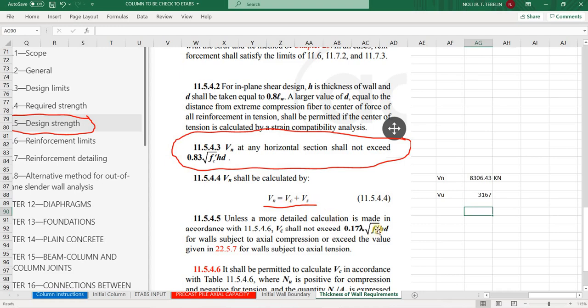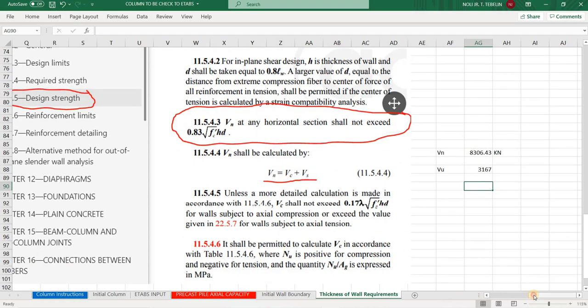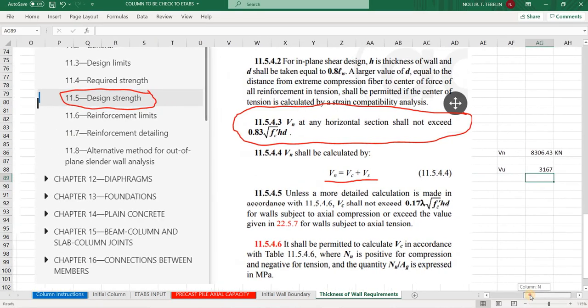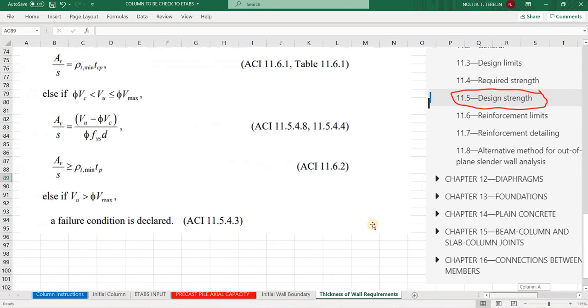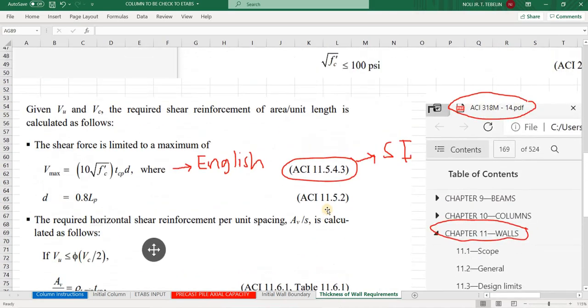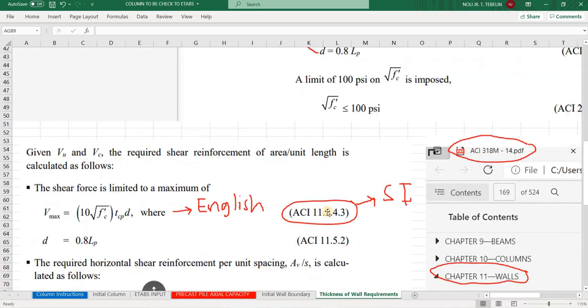So this is the comparison. In this case, the Vu is less than phi Vn. So our thickness is okay. Okay, so this is the checking for the thickness of the shear wall.